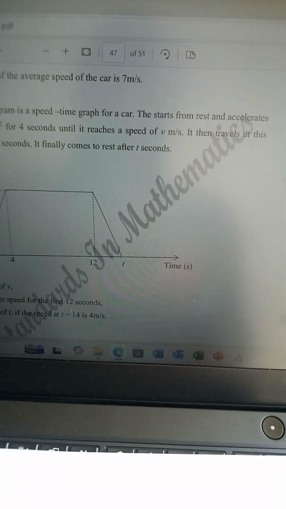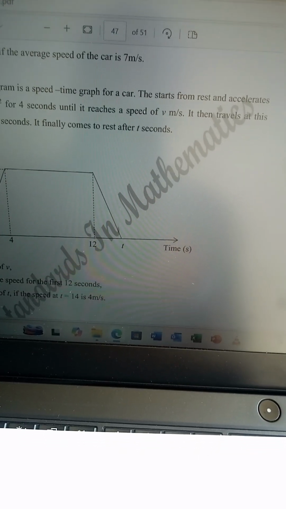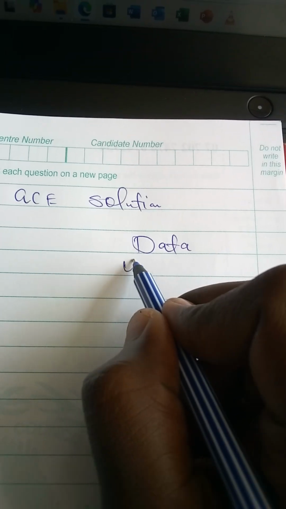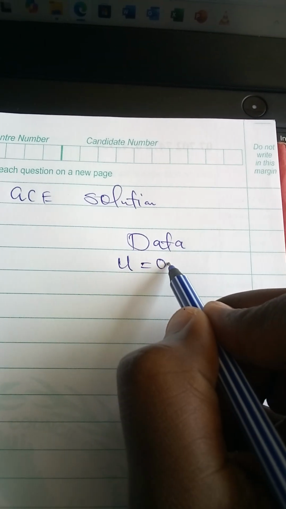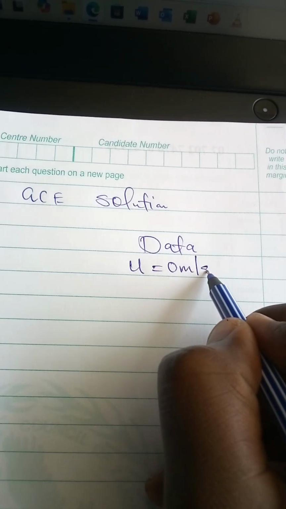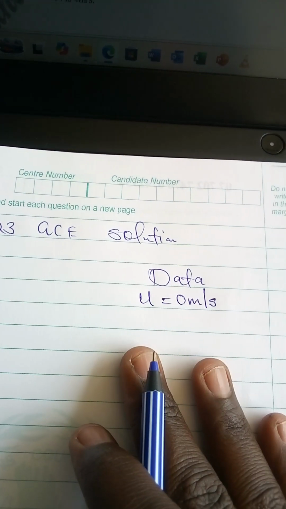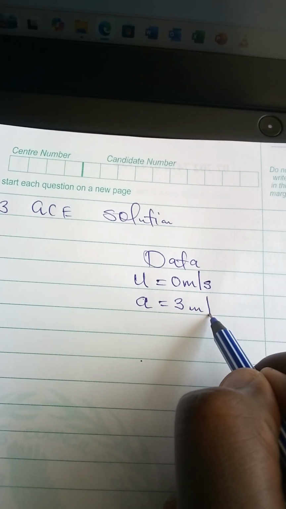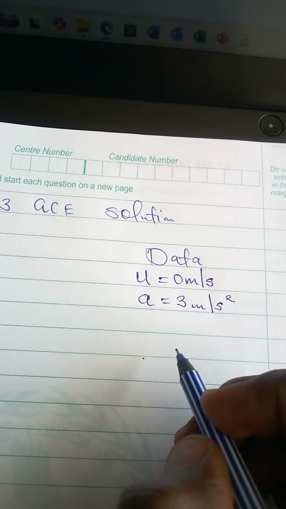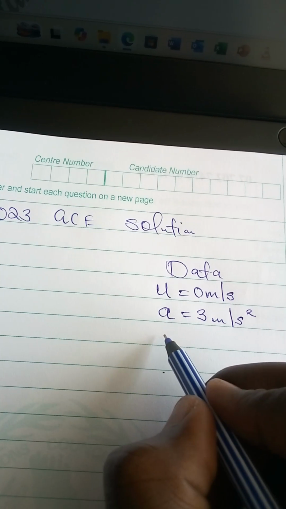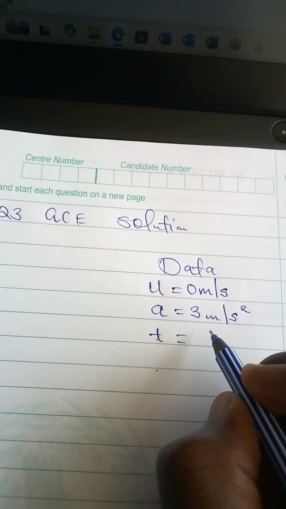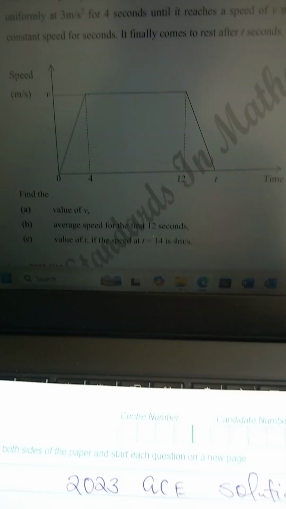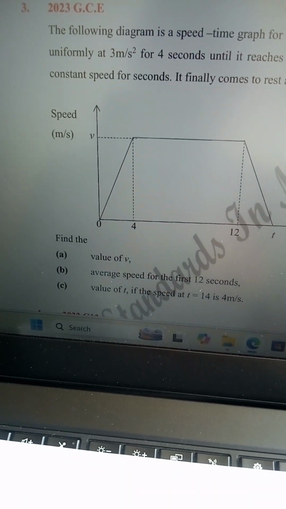they are saying the car starts from rest, so it means that your initial velocity is equal to 0 meters per second, and then in the same question you have been given acceleration is 3 meters per second square. Apart from that, you have been given time to be 4 seconds, and then they are saying we find the value of v.